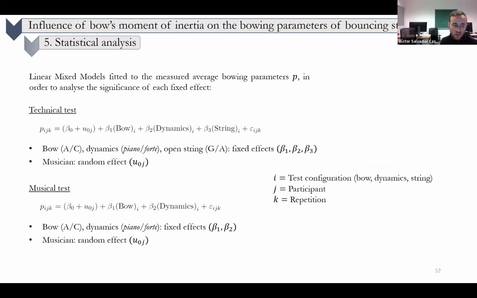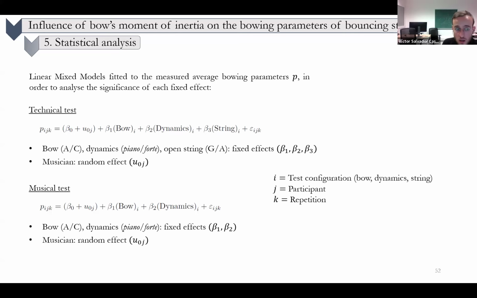And we performed what are called linear mixed models, which are basically linear regressions, but that take into account the individuality of each musician as a random effect. This is widely used nowadays in big data and this kind of research, in order to see if the effect of the element that we are changing from one test to the next is significant or not.